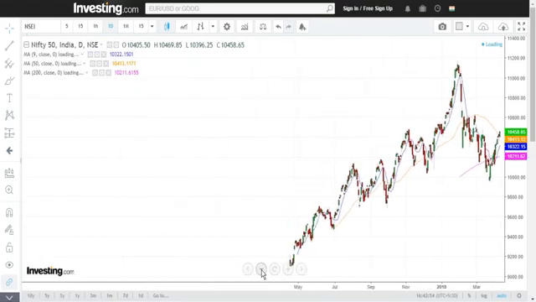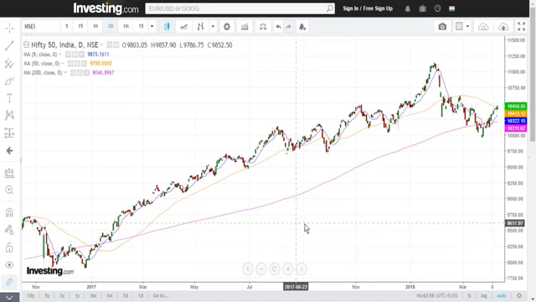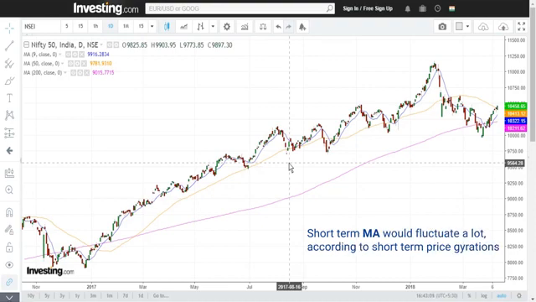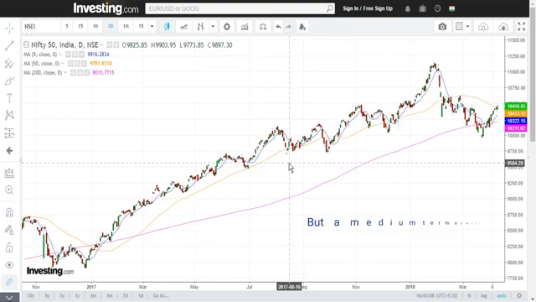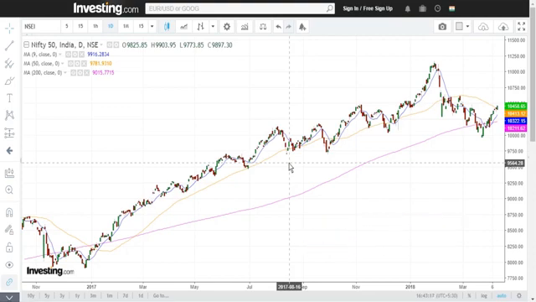So here we are getting the 200-day moving average, and we can see that it is even smoother than the 50-day moving average. A short-term moving average would fluctuate a lot according to shorter-term price gyrations, but a medium-term or a longer-term moving average doesn't gyrate that much on shorter-term price movements, and that's why they are very significant.